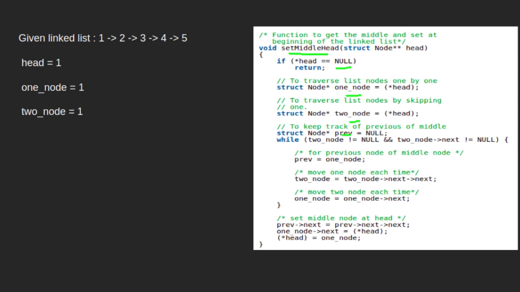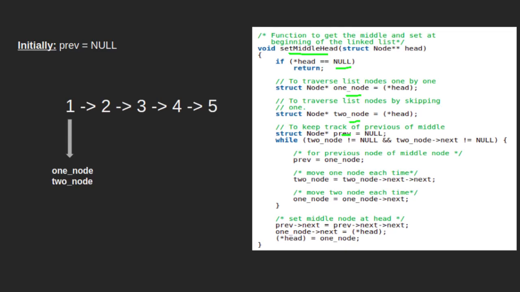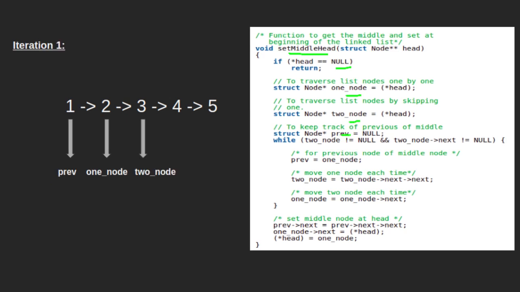We will now start traversing the linked list. Initially, prev will be null and both 1_node and 2_node will point on 1, which is the head node of the linked list. After first iteration, 2_node will point to 3, 1_node will point to 2, and prev, which is the previous of 1_node, will point to 1.